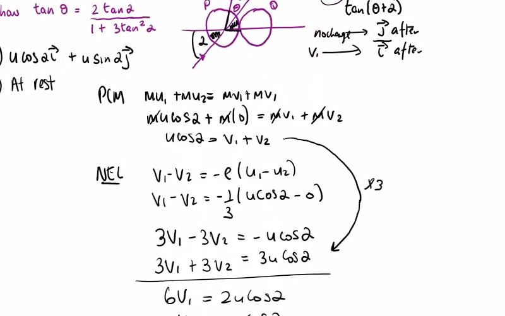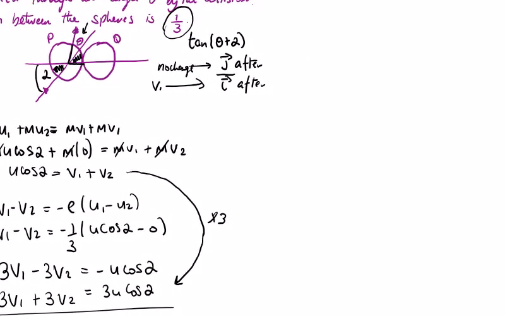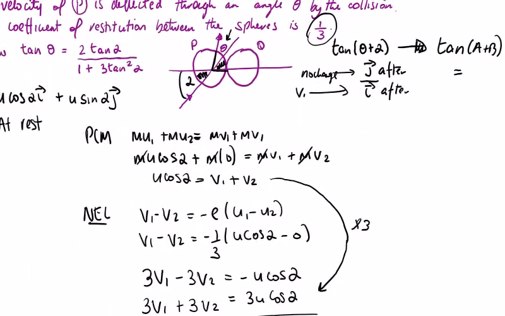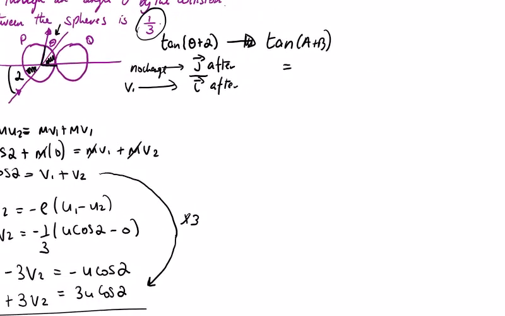So applying this to my tan of theta plus alpha, now there is a trigonometric identity here, the tan of a plus b, which is what we need. You can see from what they're looking for in the question, we're going to need a trig identity here. We're going to end up with sine over cos, which will turn it into tan for the tan of theta plus alpha.